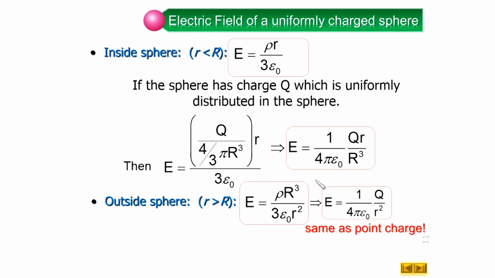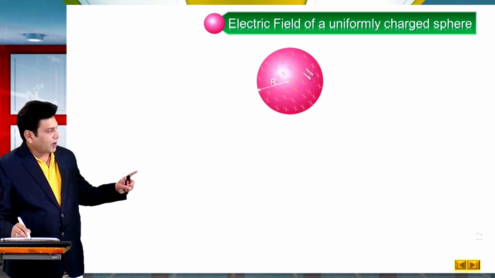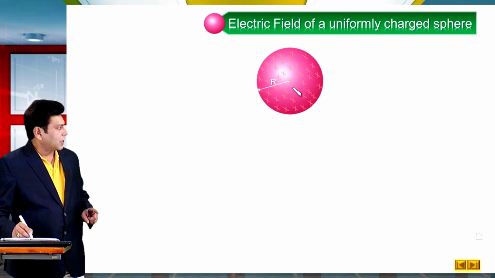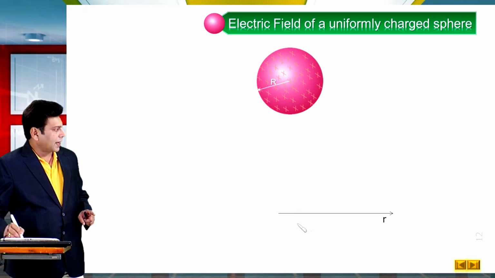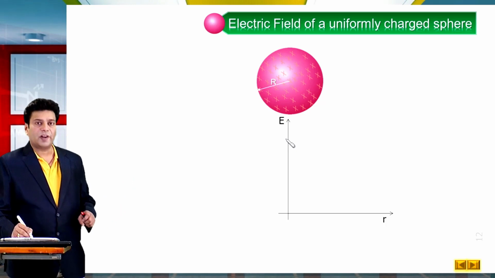Let us draw the graphs, and we will draw the graph of electric field inside as well as outside. So let us make the axis here. This horizontal line will represent the radius distance, and the vertical line, that is the y-axis, will represent the electric field.